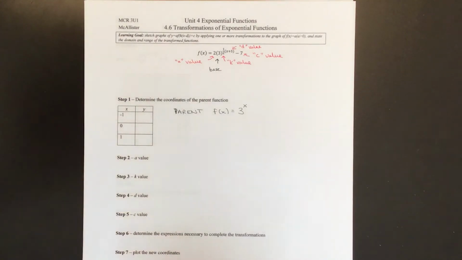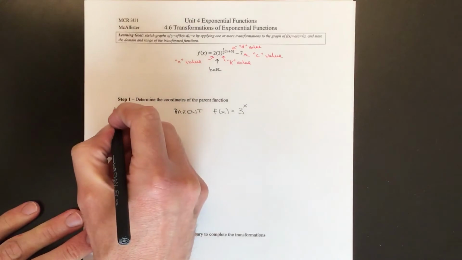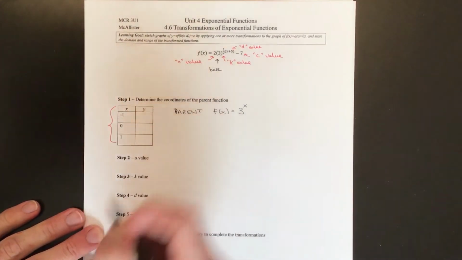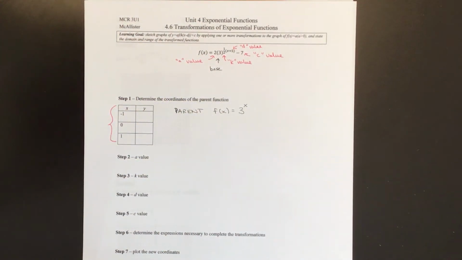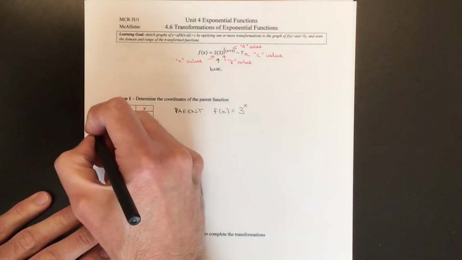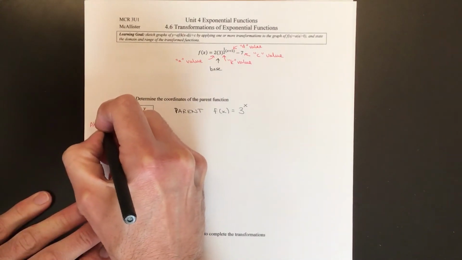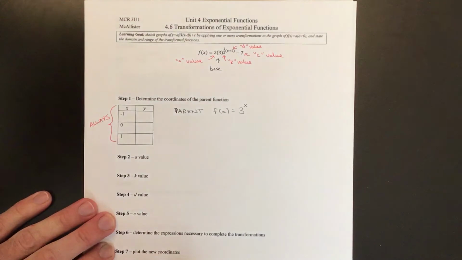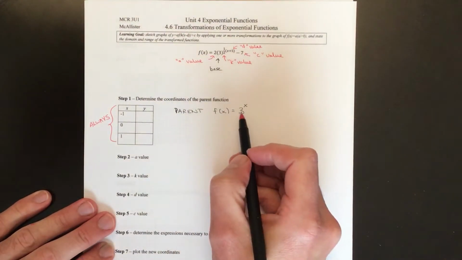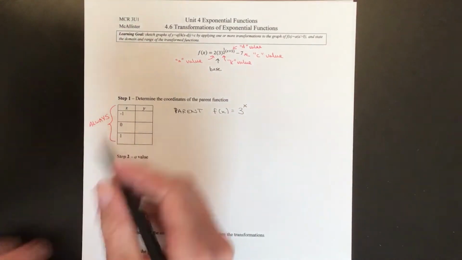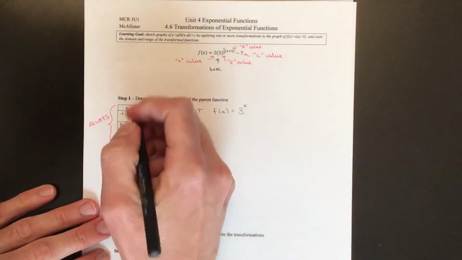That's really all we care about when we graph. So because of that, we are always, no matter what, looking at values from -1 to +1. So always look at those values. So 3 to the exponent -1 is 1/3.